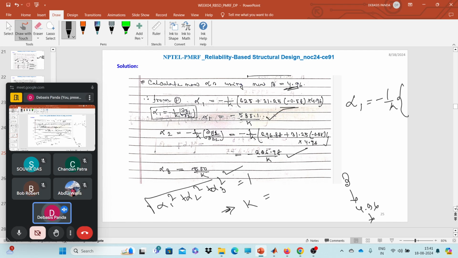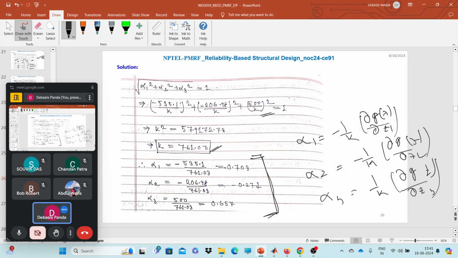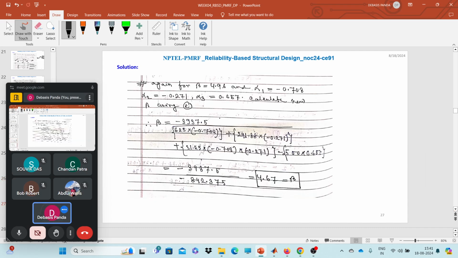Now again we need to calculate new beta based on these alphas. How can you calculate it? Again go back to your equation in standard normal space and put these values. Right, here is the equation of beta, and you have the new direction cosines here. Now put these values in the equation. What is that equation? This is nothing but the equation of the limit state function in standard normal space.